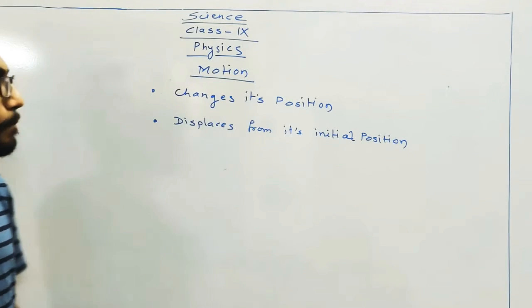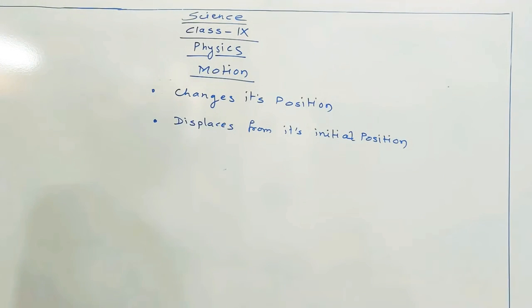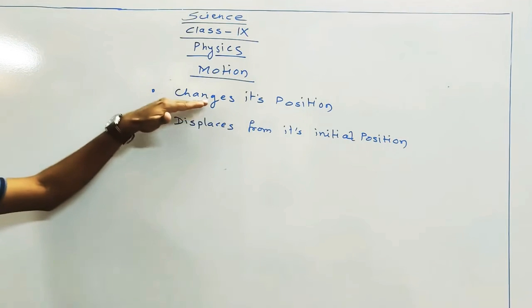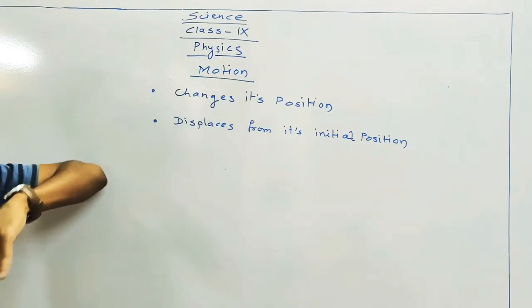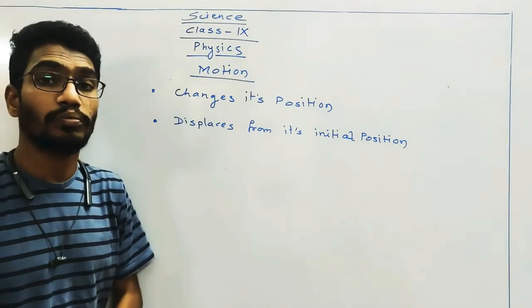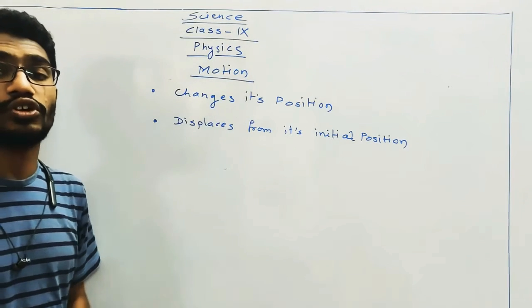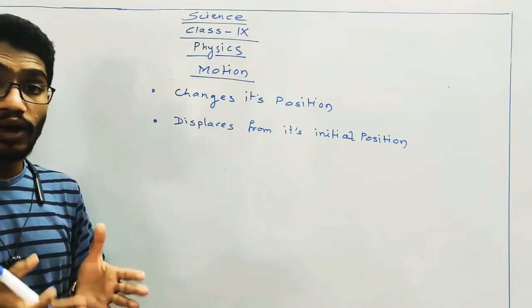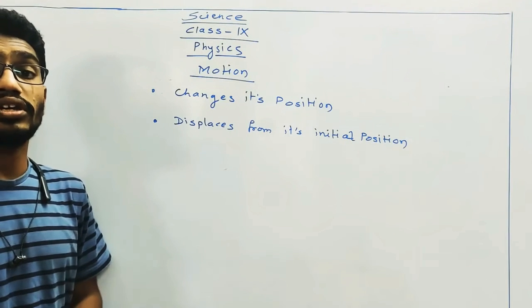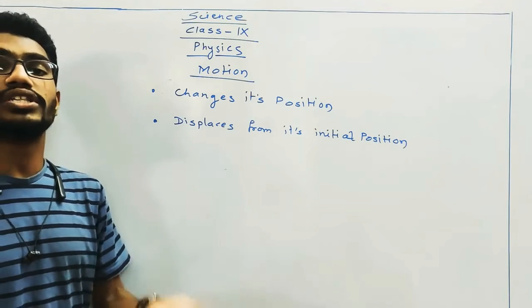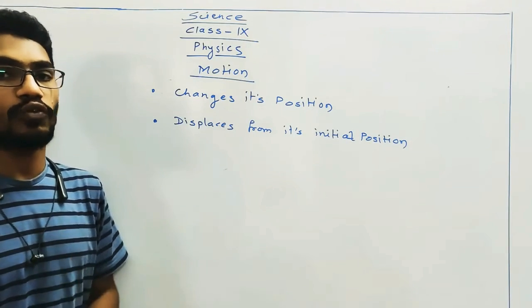Yes, but before that, if an object changes its position, then we come to know that the object is in motion. But we must describe the position of an object. Then how to describe the position of an object? First we are going to learn how to describe the position of an object.